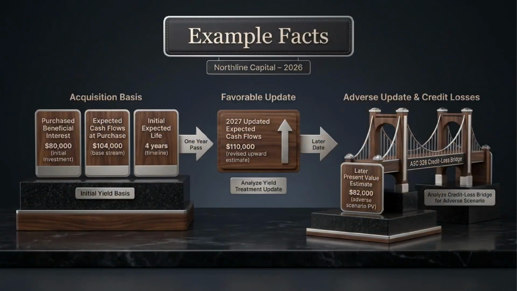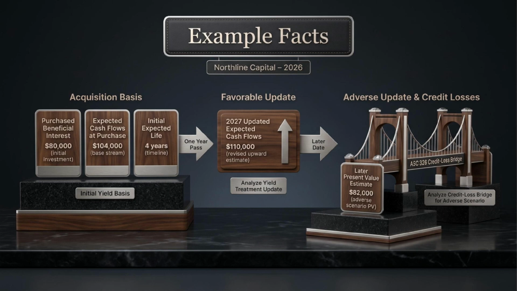Now we introduce Northline Capital. It purchases a beneficial interest in 2026 for $80,000. At acquisition, expected cash flows are $104,000 over an expected life of 4 years. In 2027, expected cash flows are revised upward to $110,000.